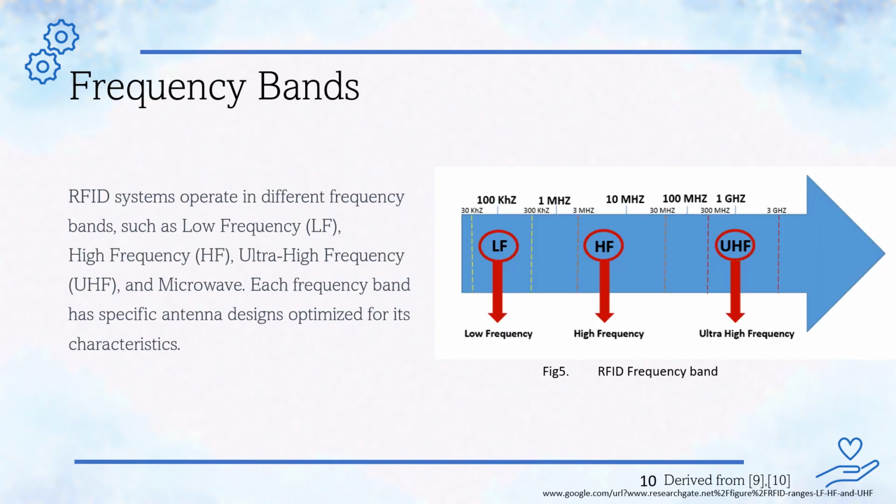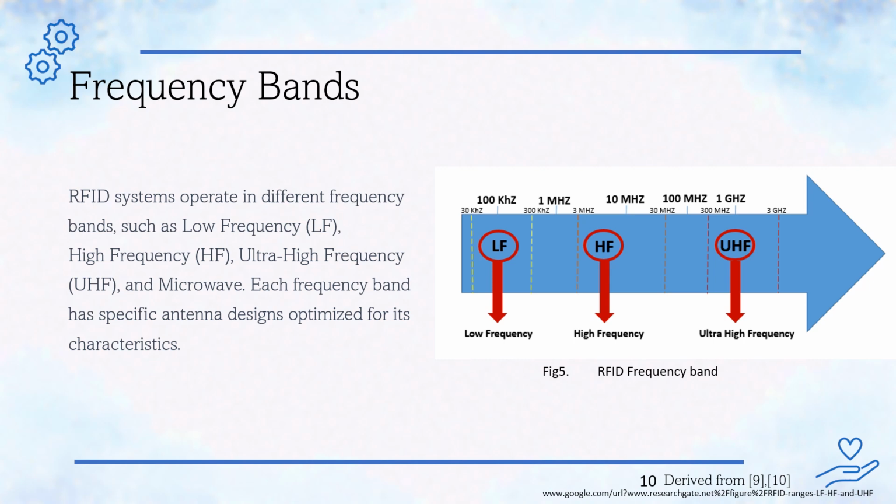So after how RFID works, let's move on to the frequency band and how the frequency band differentiates one RFID system from another. An RFID system usually operates in different frequency bands, as mentioned earlier: it can be a low frequency band, a high frequency, or an ultra high frequency and microwave band.